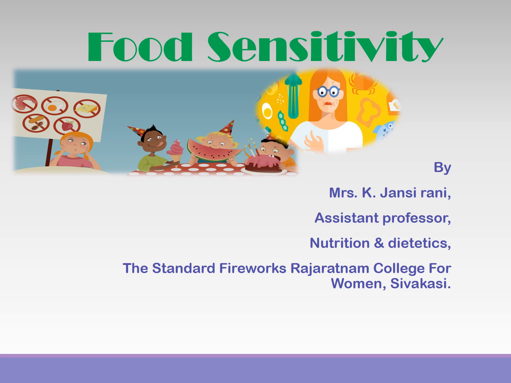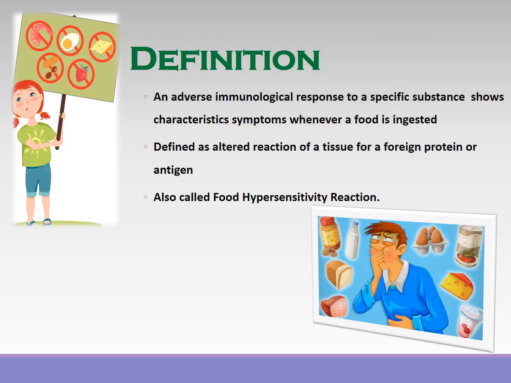So today we are going to discuss food sensitivity. It is an immunological response to a specific substance. It shows characteristic symptoms whenever a food is ingested. It can further be defined as an altered reaction of a tissue to a foreign protein or an antigen ingested into our body.